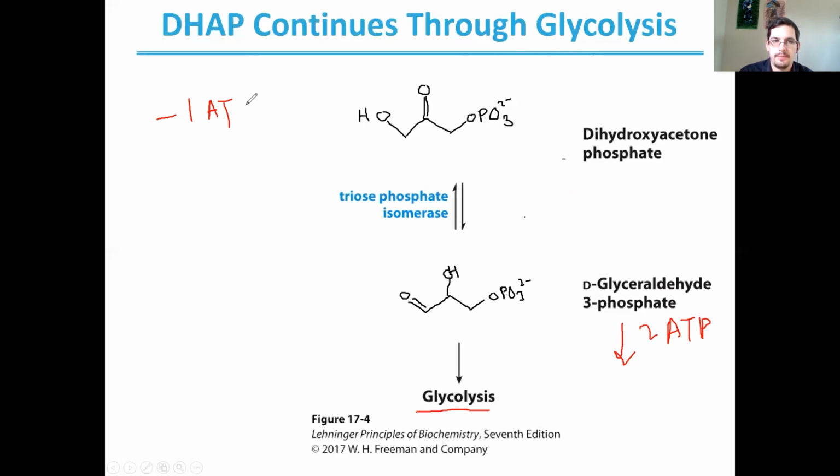So we lost 1 ATP initially with our glycerol kinase. We gain 2 ATP once that glyceraldehyde 3-phosphate goes through our full glycolysis pathway. And then we also had our NADH, which under aerobic conditions will give us the 2.5 ATP.